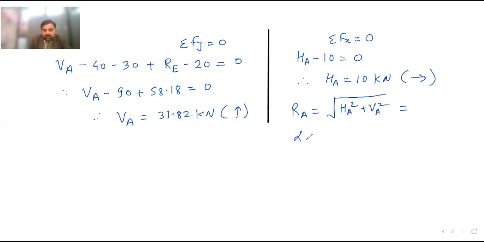Let me know the answer. And alpha A is equal to tan inverse of mod VA upon HA. Also here put the values.